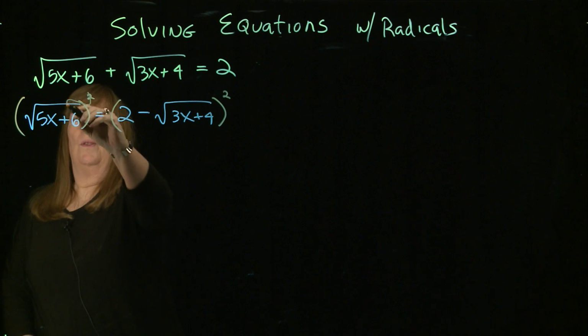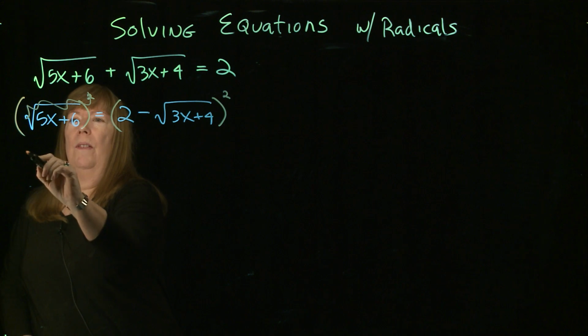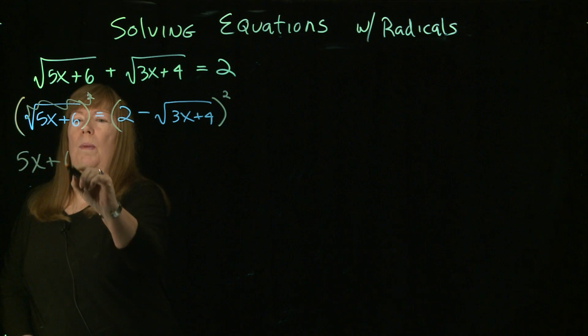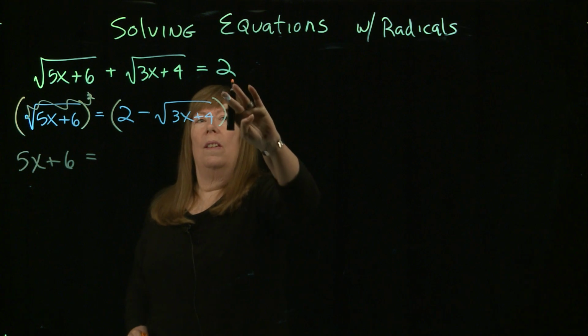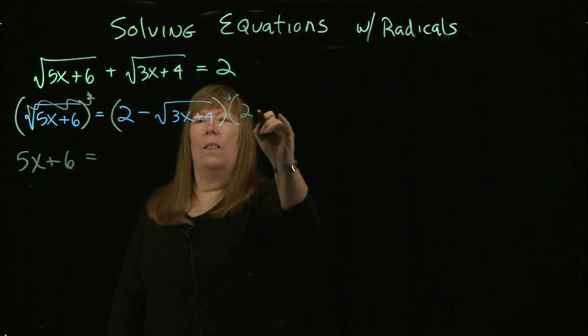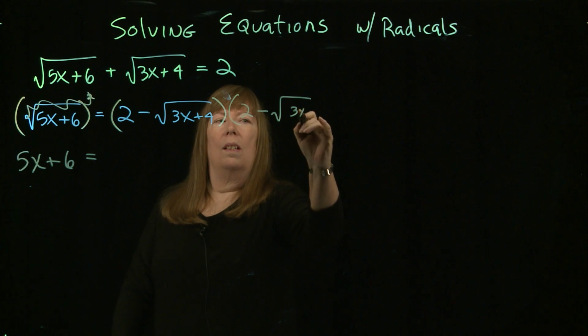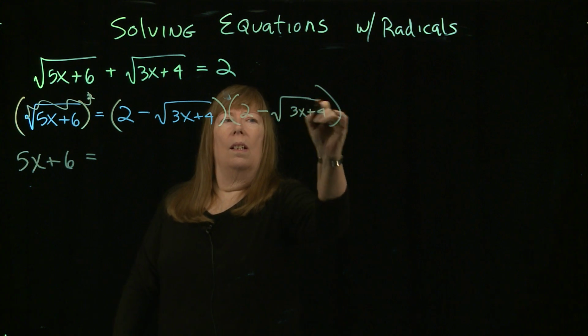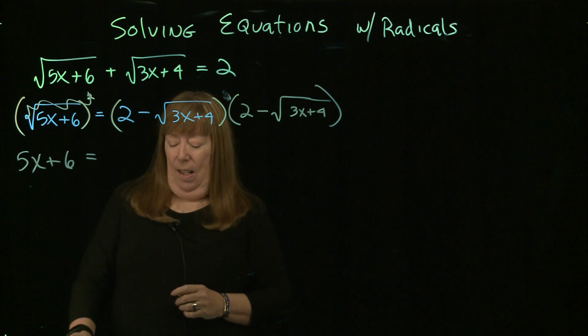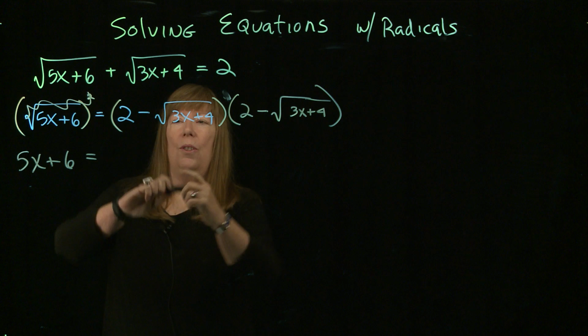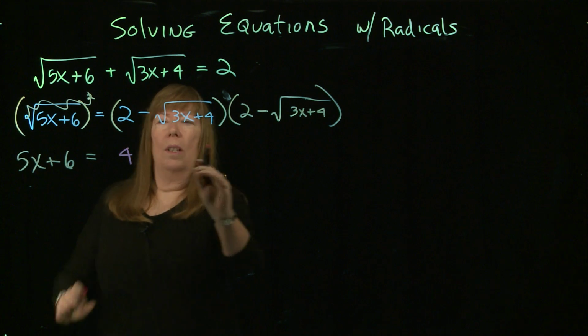All right, square and square root knock each other out. So on the left, I have 5x plus 6. But on the right, remember, this is really this. Good thing we already learned how to FOIL these, right? Okay, so first, 2 times 2 is 4.